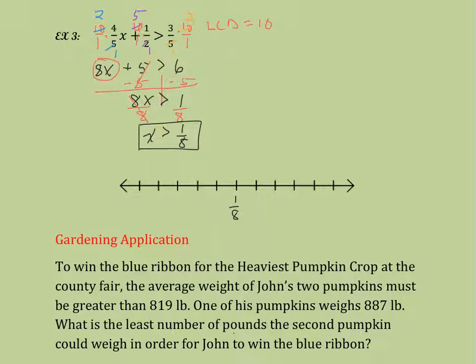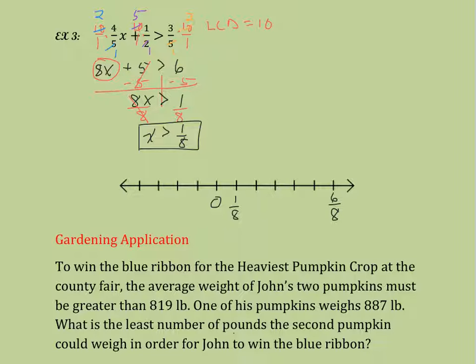And because my denominator is 8, I'm going to count by eighths. So for instance, if I do 1 to the left of 1/8, wouldn't this be 0 right there? And if I count, I've got 1/8, 2/8, 3/8, 4/8, 5/8, 6/8, and then I'm going to leave that one as 6/8.